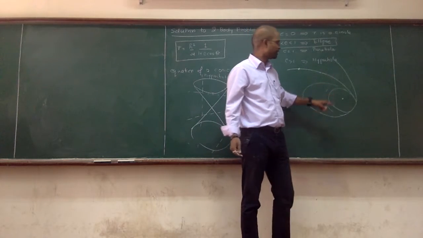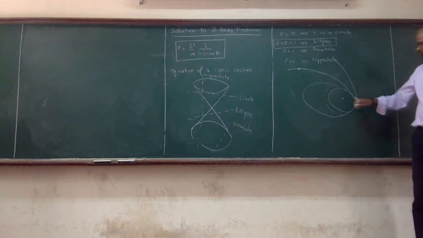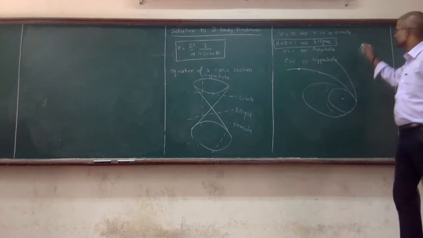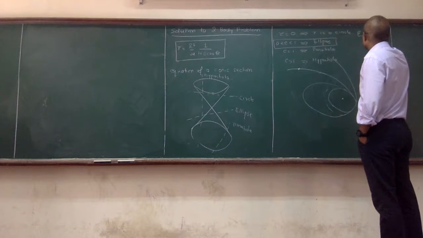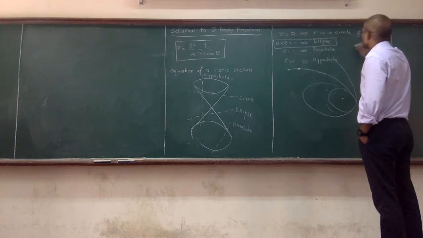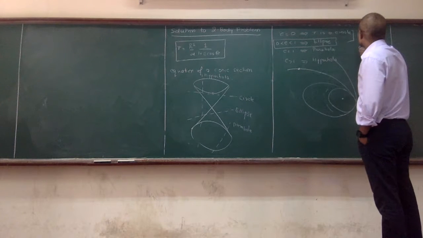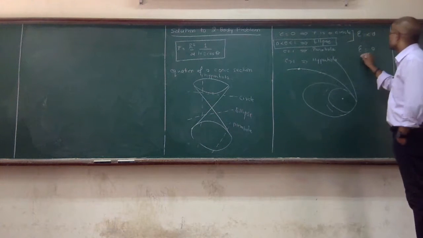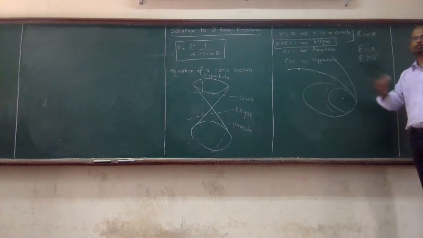So, what is the difference between them? What is the interesting part is this energy. Here it is negative for closed orbits. Energy is 0 for parabolic orbits. Energy is positive for hyperbolic orbits.